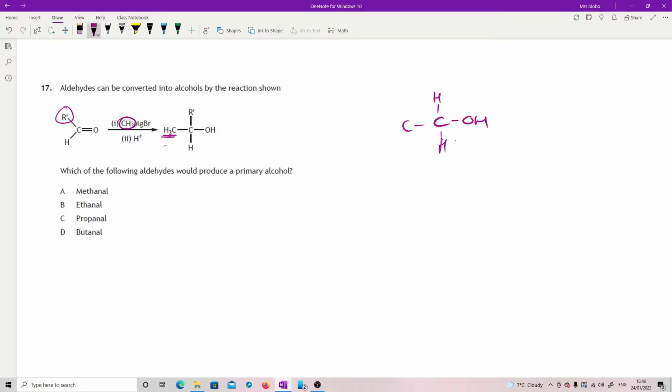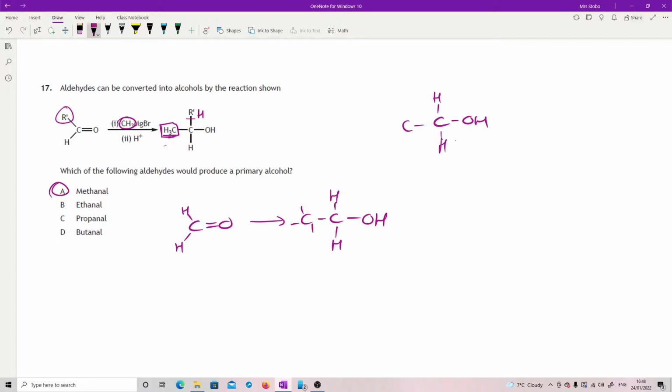Now, if you look at this, since I'm adding in a CH3 and I want it to be a primary alcohol, the only thing I could have up the top on this R prime is an H group. So the only thing I could use here is methanol. Just to draw it, if we're clear, this would be methanol. Put it through the process that it's telling you about here. It would give you this grouping, and that is a primary alcohol.